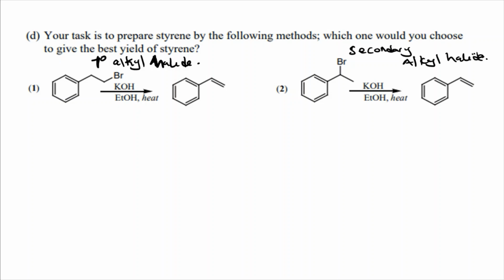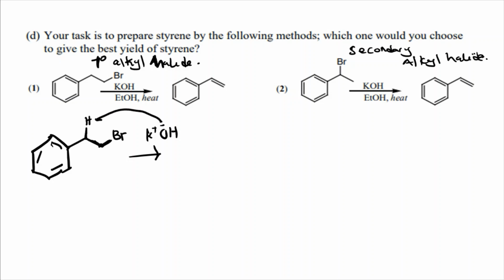Okay, so if you were to write the reaction mechanism for this reaction, it would be like this. And then you've got potassium hydroxide there. So in order for us to have this product, what did it mean? That the potassium hydroxide would attack this hydrogen and this would collapse. This one goes there, and then it will give us this product.